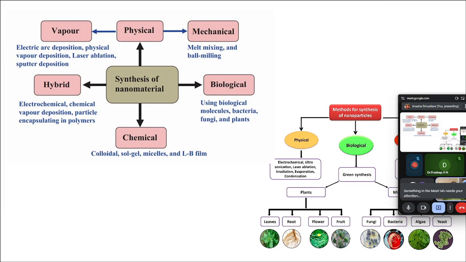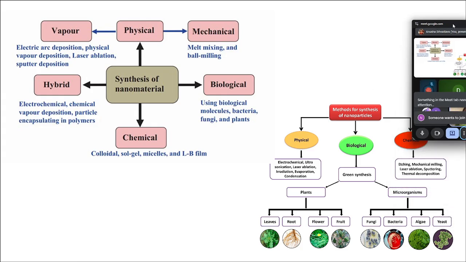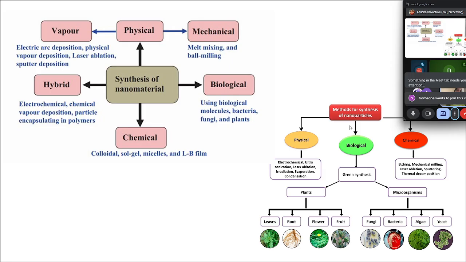Moving forward, the synthesis of nanomaterials can follow different routes as well. You can do it by physical, hybrid, biological, and chemical means. There are differences in these methods.